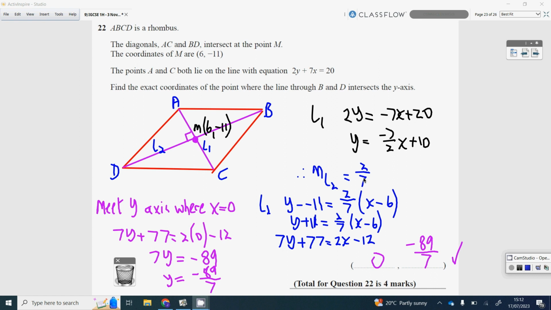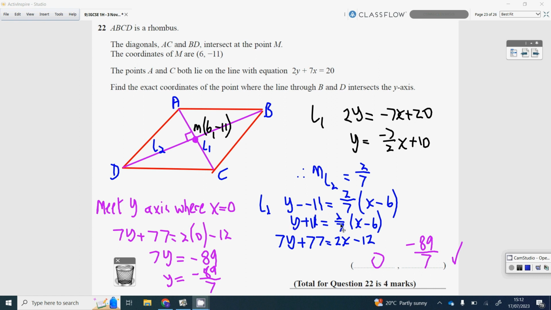So I know my gradient of L2 is 2/7, and I know it goes through the point (6, -11). So I can substitute that into my y - y1 = m(x - x1) formula. So it's y - (-11) equaling my gradient 2/7, times (x - 6). Tidy this up, minusing a minus 11 is plus 11.